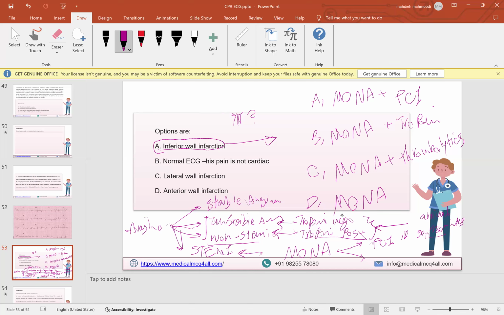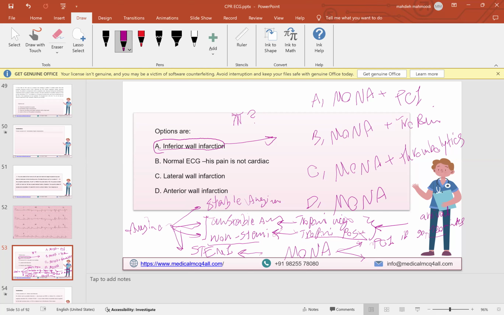Let's say you're working in a clinic. A patient comes to you with chest pain, you do an ECG, there is ST segment elevation. There's a hospital half an hour away from you that has a cath lab. So what do you do? You give them MONA, and you escort the patient to that hospital to do PCI.